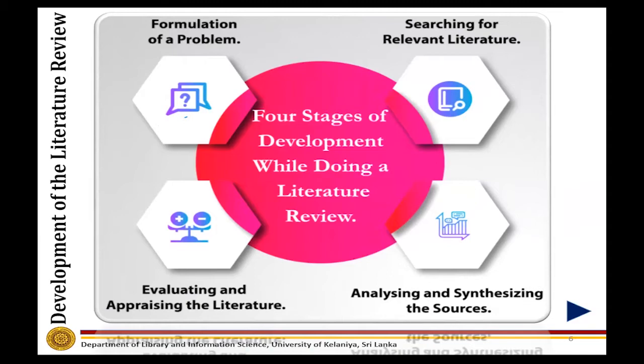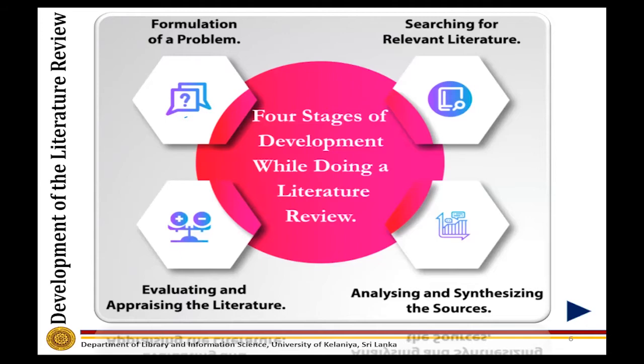So what are the four stages? It will help us to formulate the research problem and also search for relevant literature, as we discussed earlier, and also evaluate and appraise the literature. That means we are not just taking all the information from everywhere. As a researcher, we should have the ability to think whether those research papers are of quality enough.